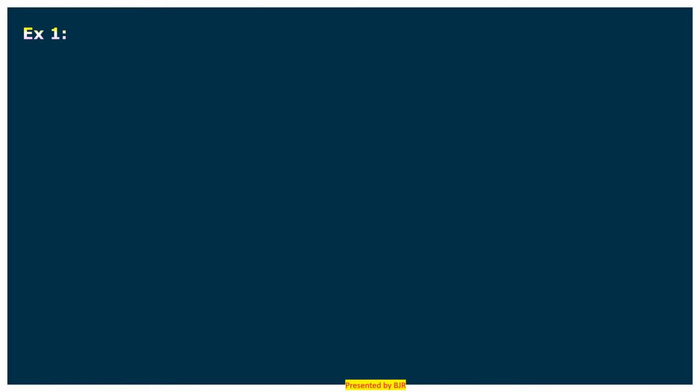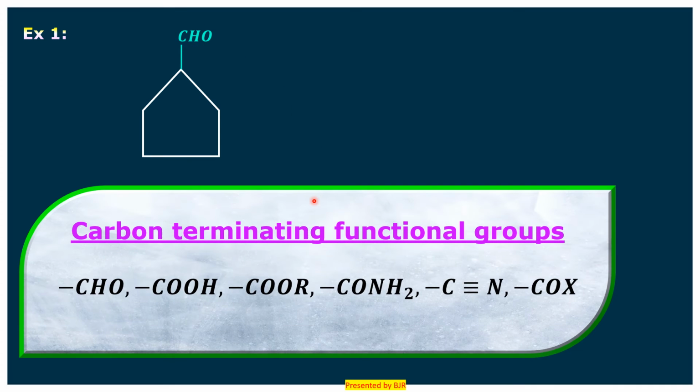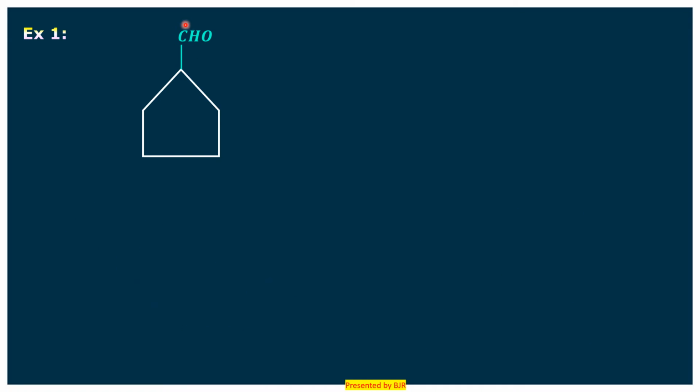Let us look at some examples under this rule. This is an organic compound in which the alicyclic ring is directly attached to the carbon containing functional group CHO. See here, CHO is one of the carbon terminating functional groups. So, when a carbon terminating functional group is directly attached to the alicyclic ring, in the parent name, the carbon atom should not be included.